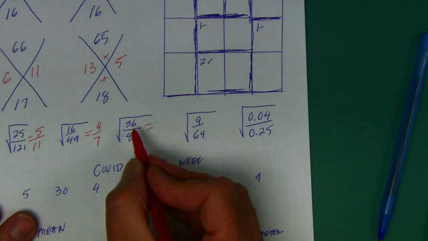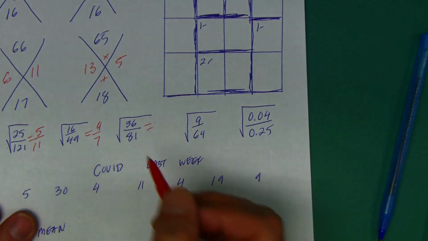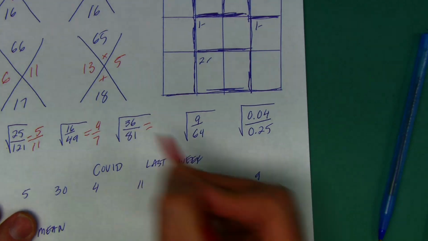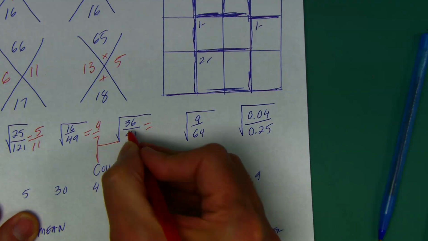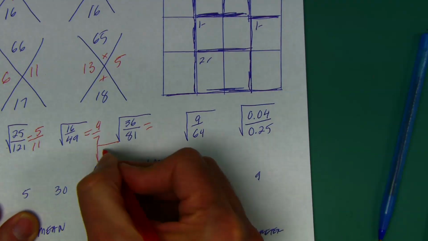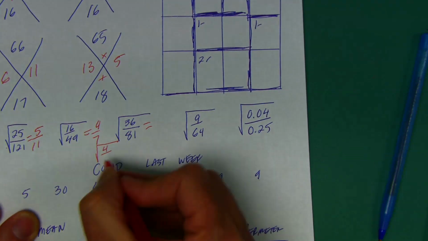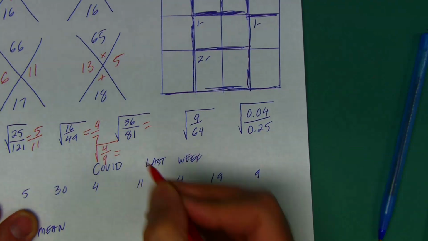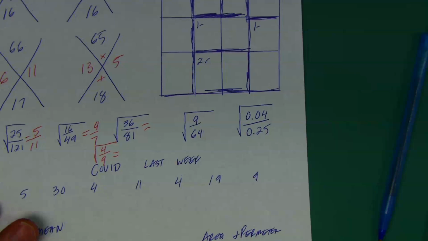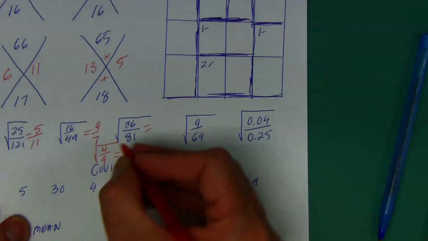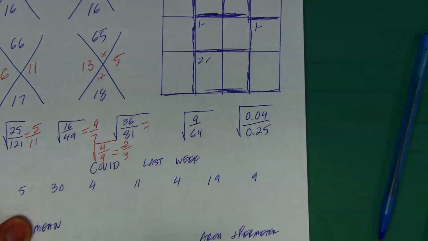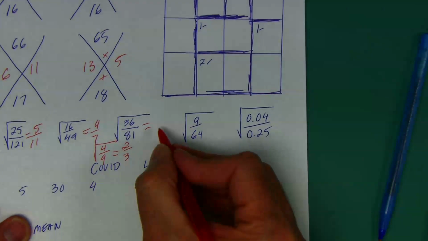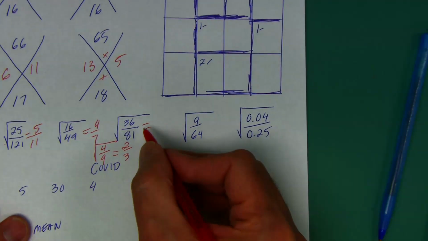Let's do 2 things here. I know that 9 goes into 36 and into 81. So what if I simplified that fraction? Then I would have the square root of, 9 goes into 36 4 times, and 9 goes into 81 9 times. What is the square root of 4 over 9? Well, what number times itself is 4? 2. What number times itself equals 9? 3. Wonder what's going to happen here. What's the square root of 36 over 81?